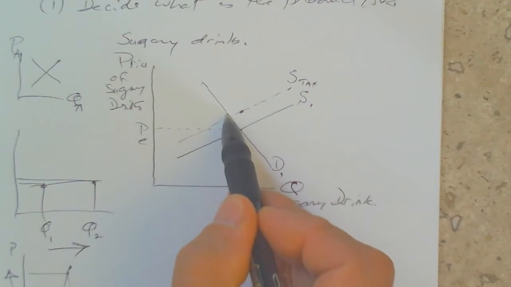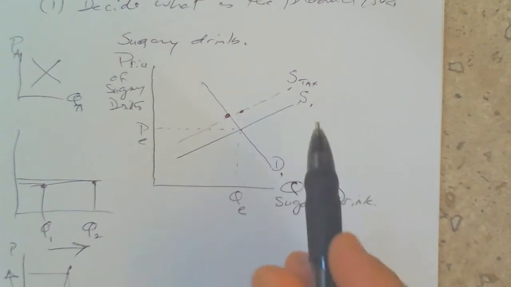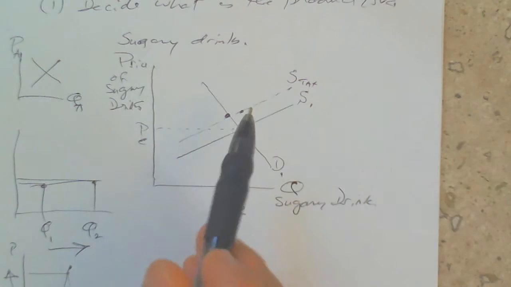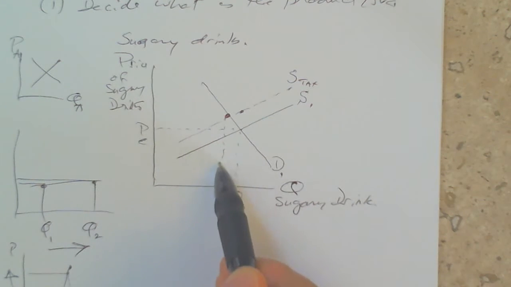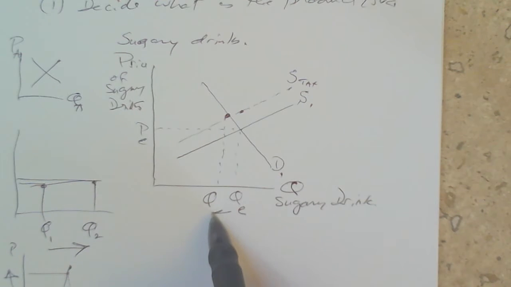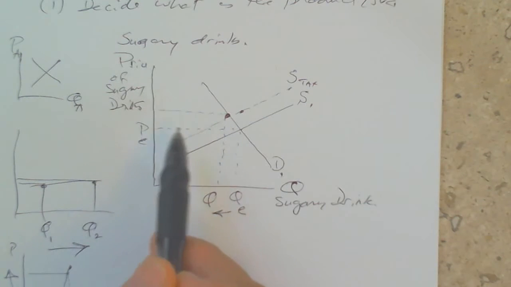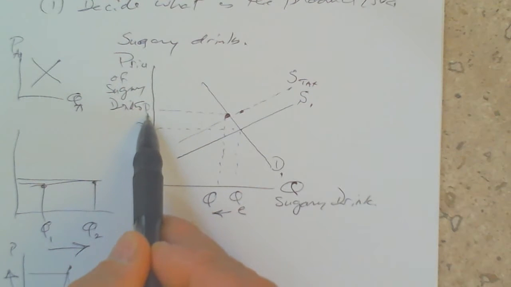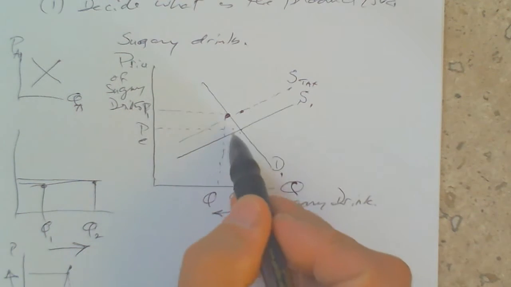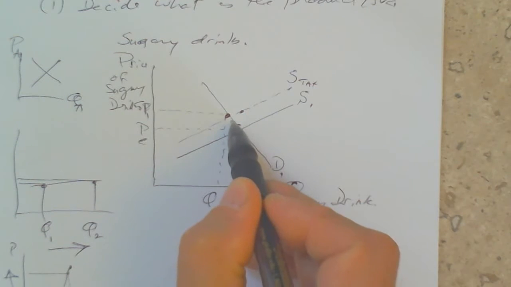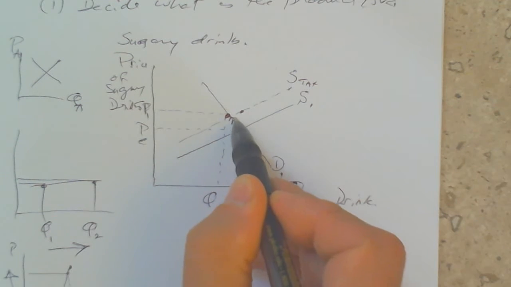The new equilibrium happens to be here. And if you trace it downward, the quantity demanded will shift to the left as a result of higher prices. Because of the new price, some buyers have dropped out.